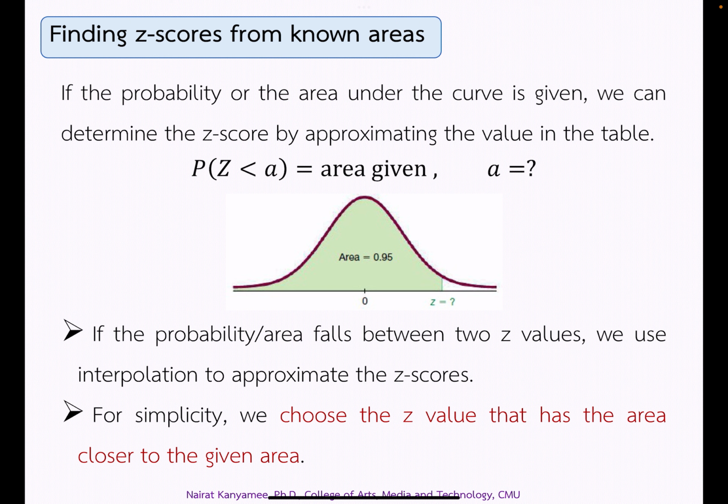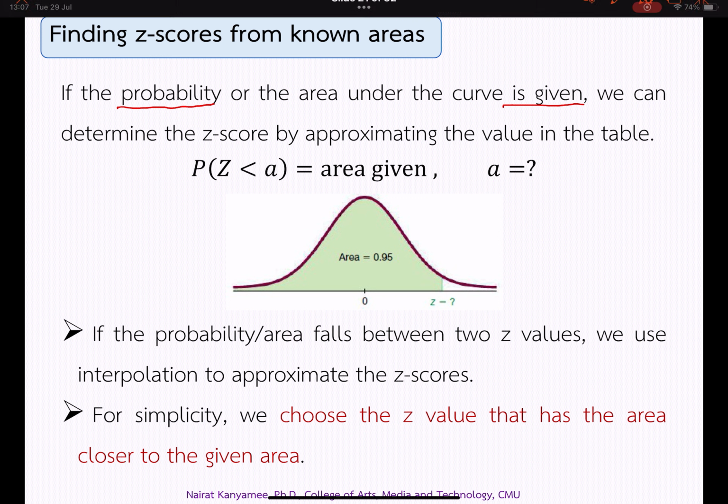If you know the probability or the area under the curve, if the probability is given, and we need to look for the z-score which corresponds to that probability, we can do it as well. Let's see.